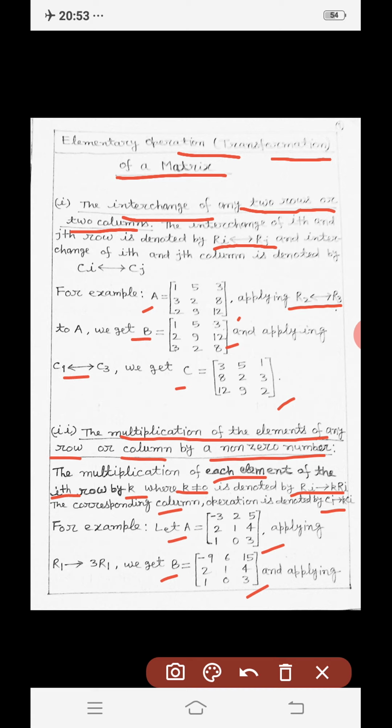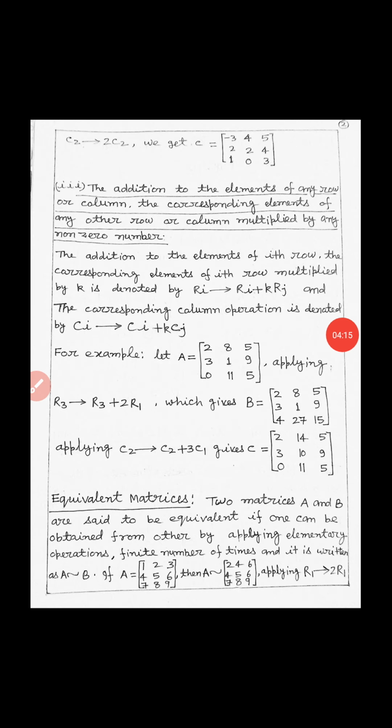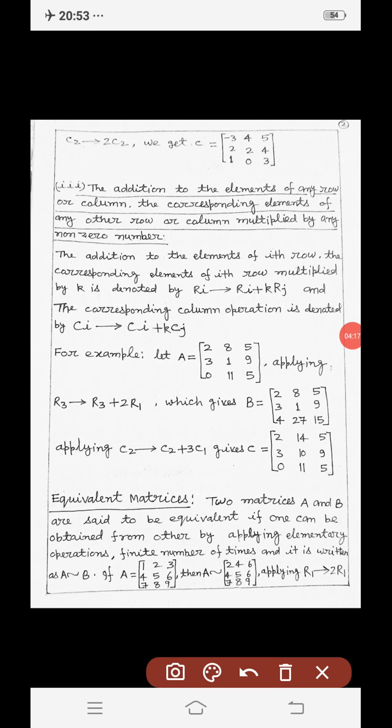Dear students, here R1 changes to 3 times R1. And applying C2 changes to 2C2 to matrix A, we get matrix C equal to -3, 4, 5, 2, 2, 4, 1, 0, 3.